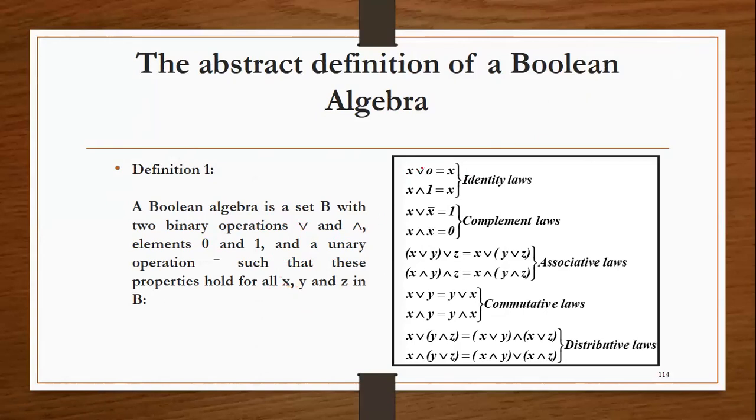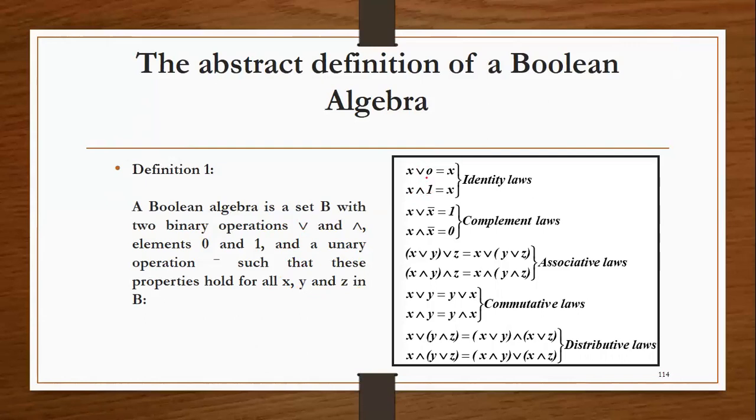So Boolean algebra is basically combining the properties of propositional equivalence and Boolean values. So here, instead of using plus and Boolean product, I am using the OR and AND symbols.